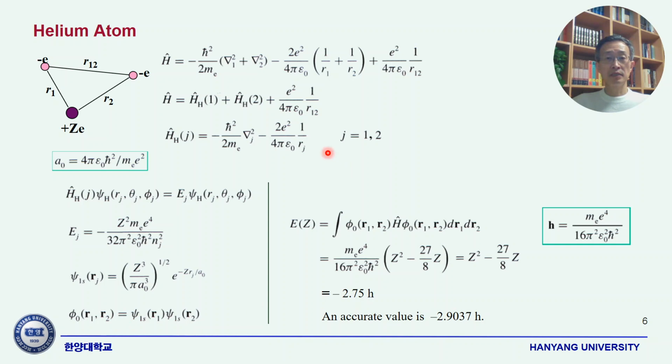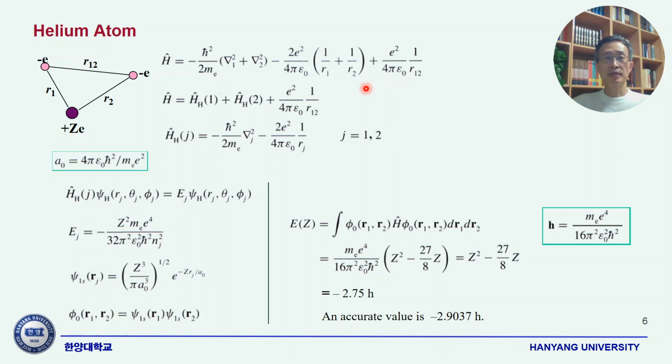So if you ignore this interelectronic potential and make the total wave function the orbital product, you end up with this discrepancy in energy. So you need to do better than this, and that's why you have to deal with this interelectronic potential.